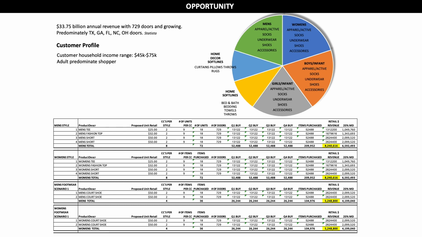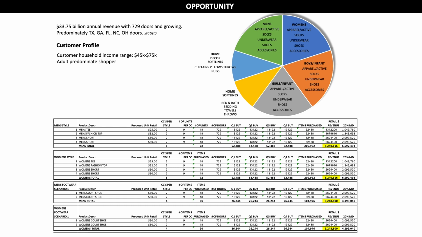So here I might go into the store and say, okay, I think we could definitely propose a 4-way on the retail floor. And I'm going to propose a men's tee, a fashion top, and 2 men's shorts. I'm looking at what the proposed unit retail may be, how many color choices per style, how many units per color choice, and really go across there.